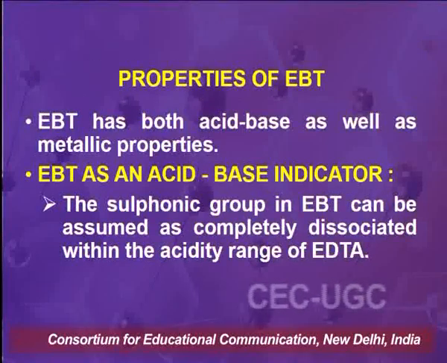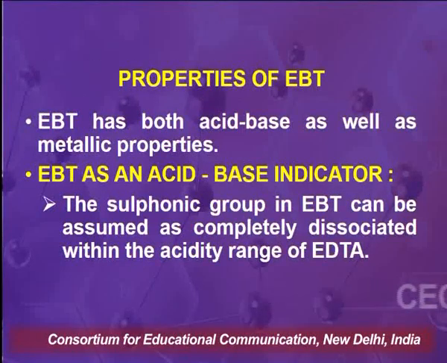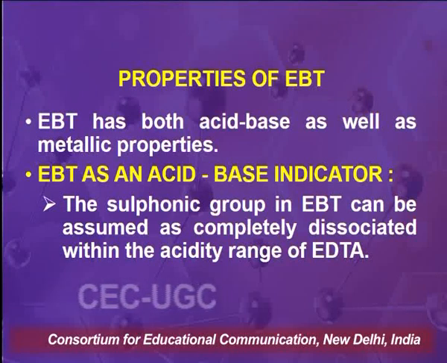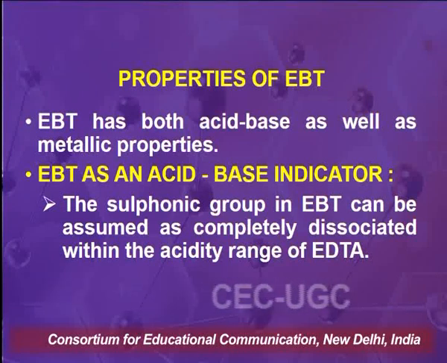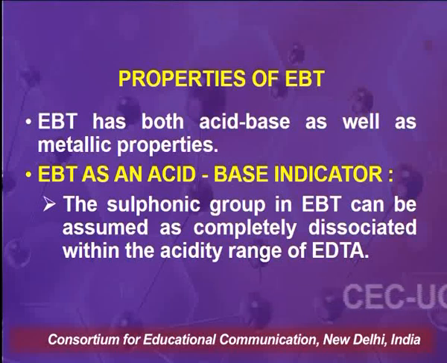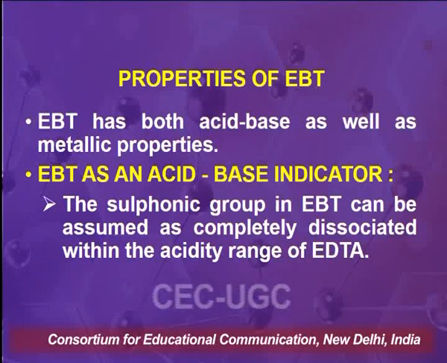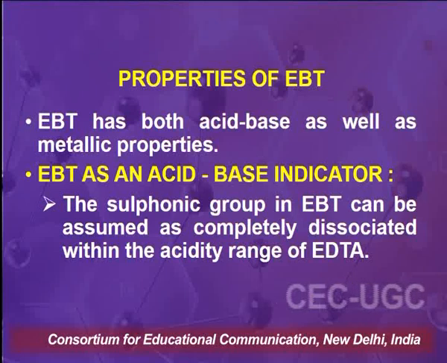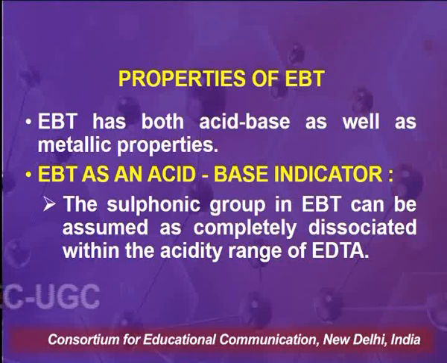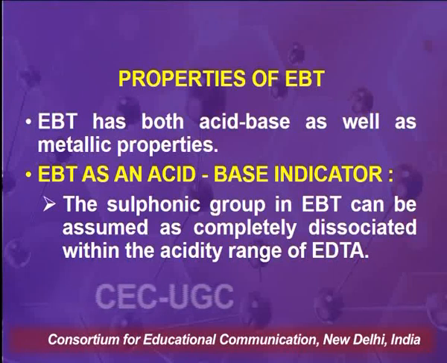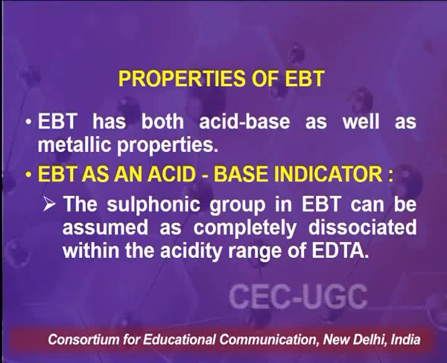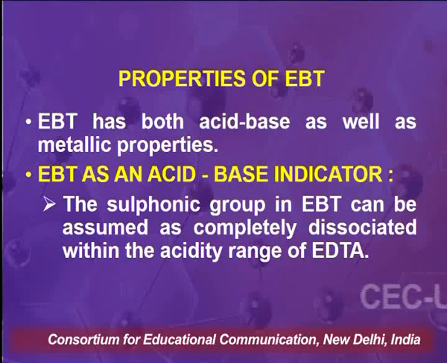Coming back to eriochrome black T or EBT, EBT has both acid base as well as metallic properties. As an acid base indicator, the sulfonic group in EBT can be assumed as completely dissociated within the acidity range of EDTA, as we have seen in the structure earlier, wherein one sulfonic group is along with a negative sign, assuming that it is completely dissociated.